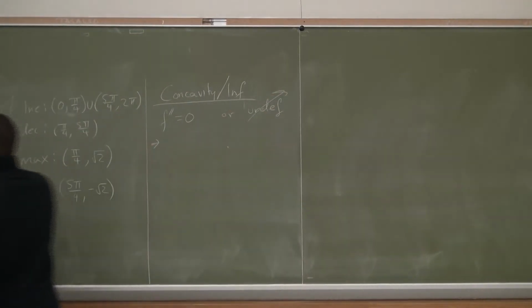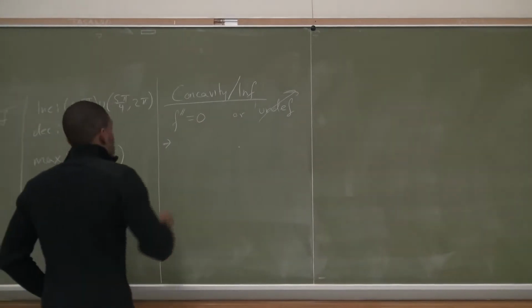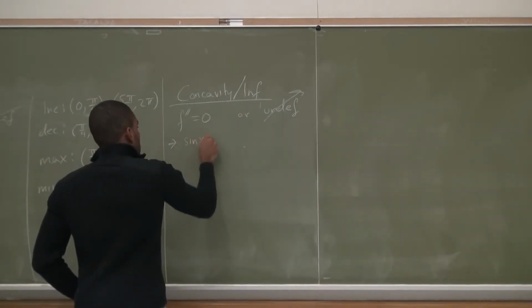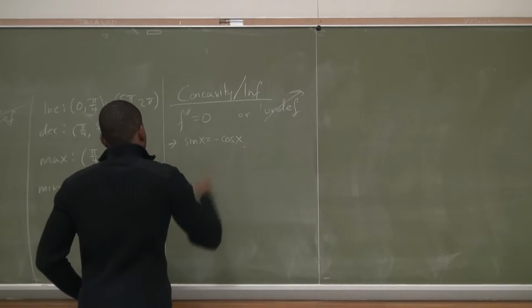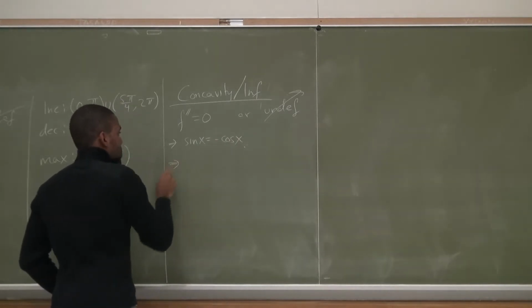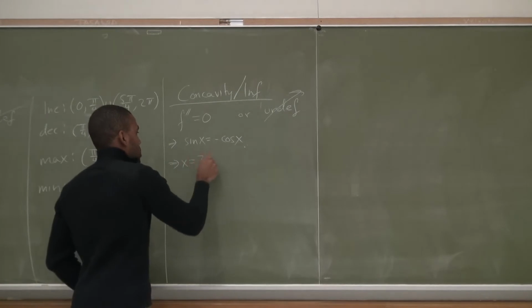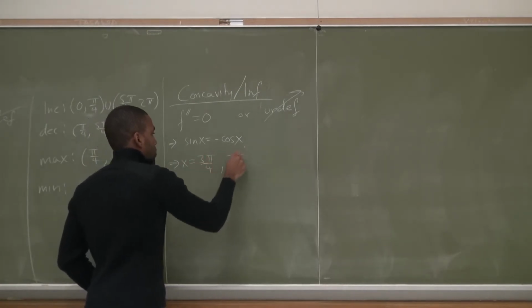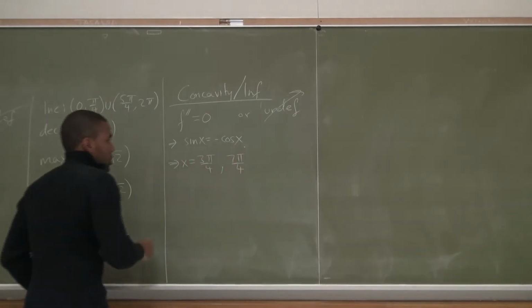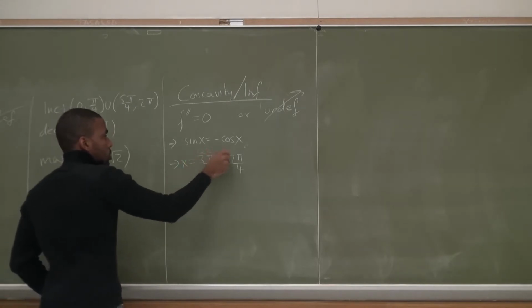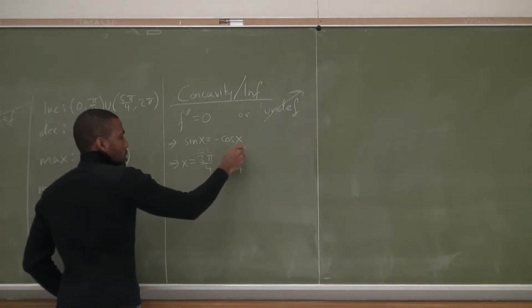Set this equal to 0, you just get sine x equals minus cosine x. And this would happen at what? 3 pi over 4 and 7 pi over 4, right? Where 3 pi over 4 is in the second quadrant, 7 pi over 4 is in the fourth.